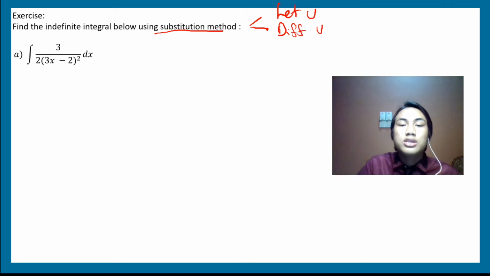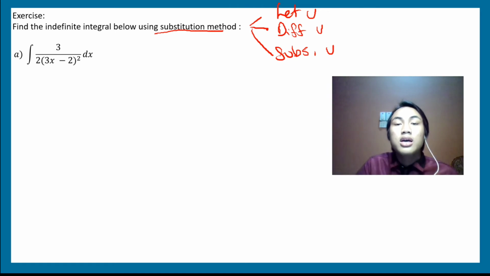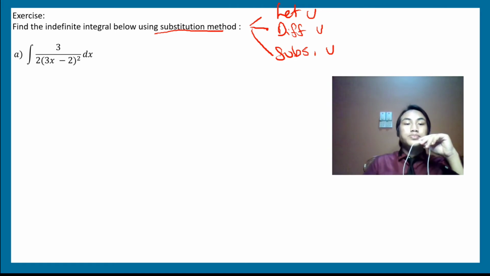Okay, differentiate the u, and then you have to substitute u into the function. Okay, so here, what is the function that we have to let u? So remember, when we want to let u, it must be the function. So what is the function here?